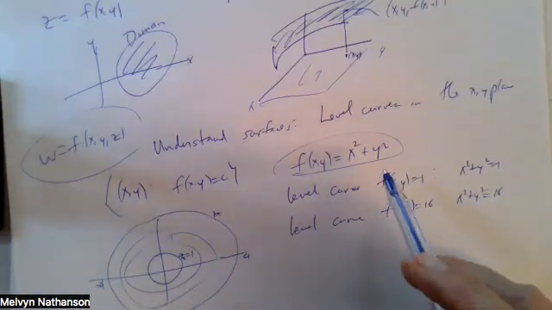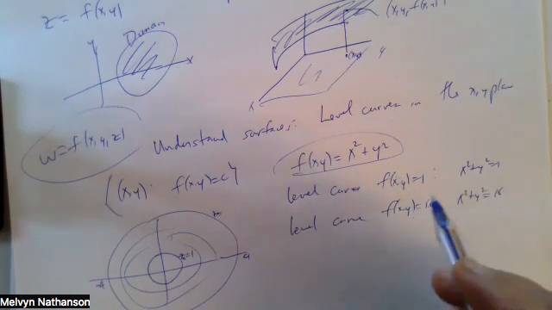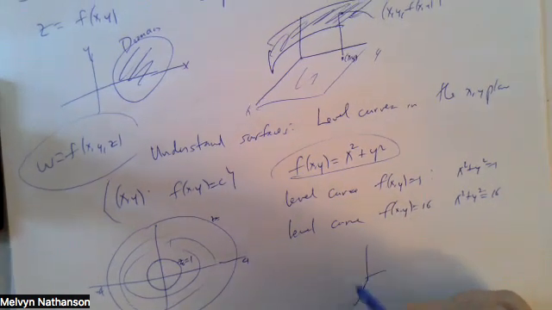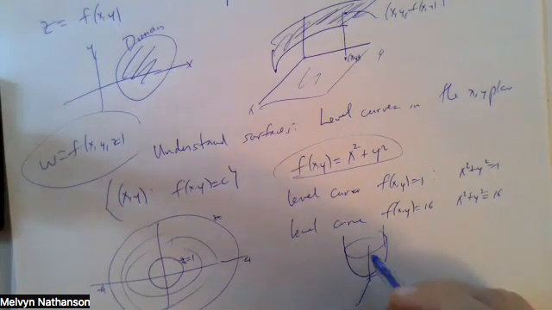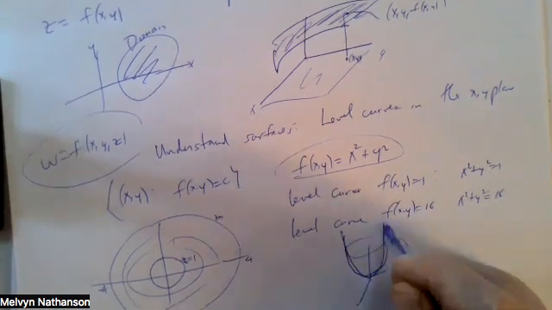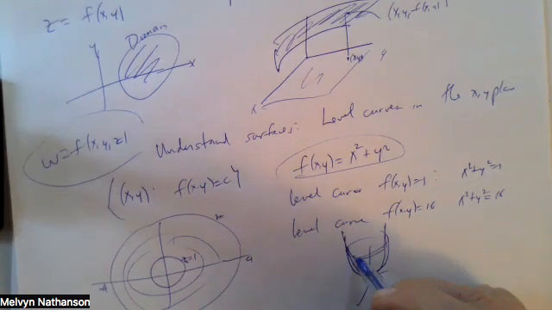This is actually not too hard to picture. This is really a paraboloid. If you looked at the surface, it's a parabola rotated around the z-axis, what we call a paraboloid.